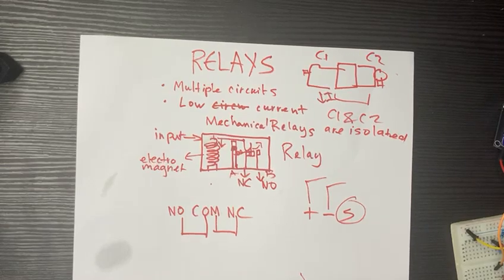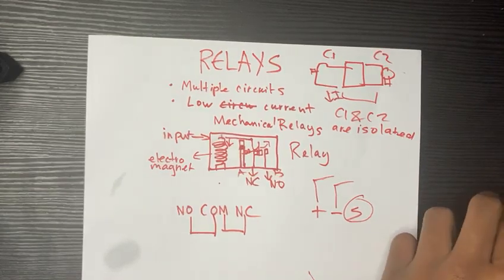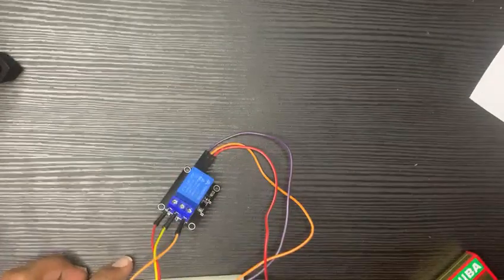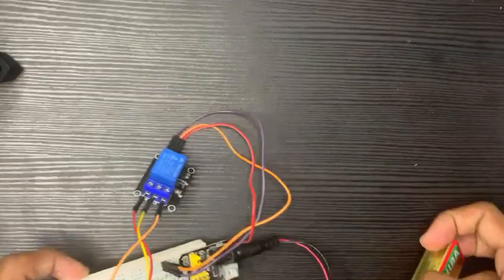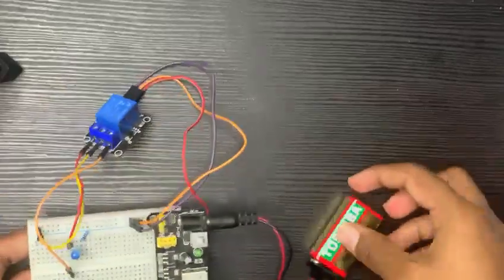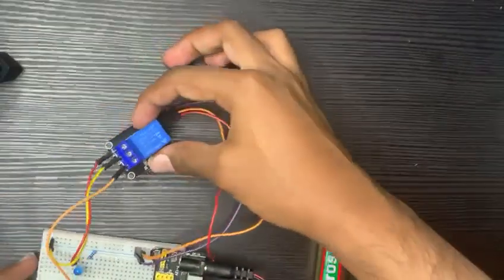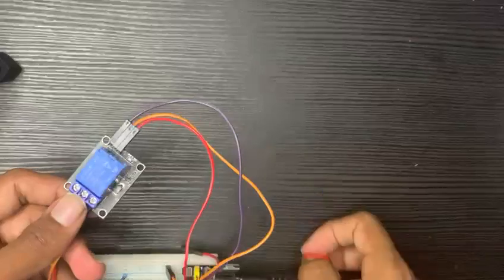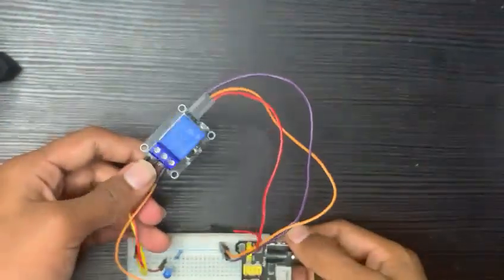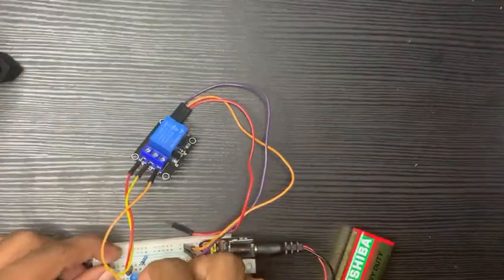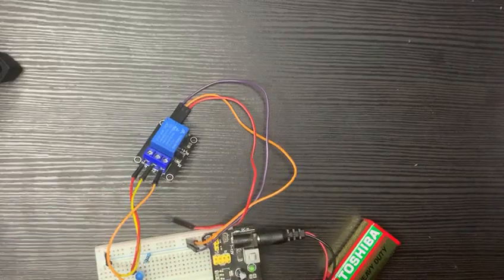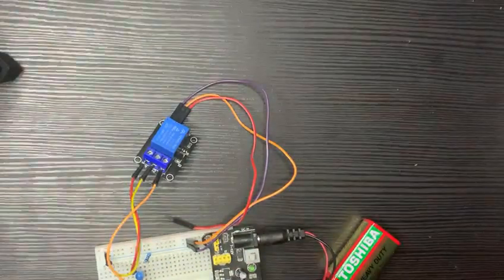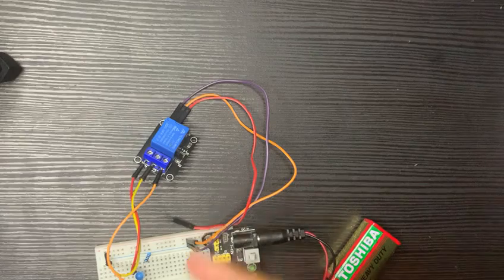And now we can look at the example circuit. Using a breadboard, we have a 9 volt battery, we have a 5 volt power supply, we have a relay. This is the mechanical relay, and we have two LEDs. We use two to show both circuits, one for the normally open and one for the normally closed.